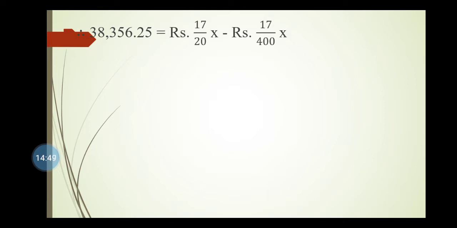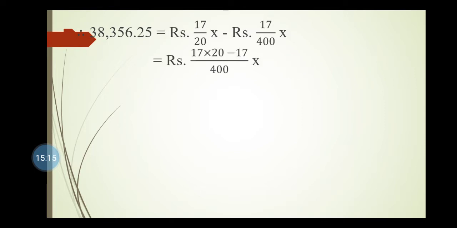So we have 38,356.25 equals rupees 17 upon 20x minus rupees 17 upon 400x. This is an equation in terms of x.